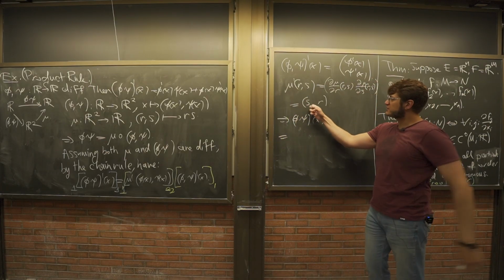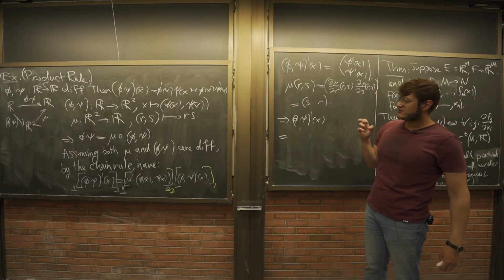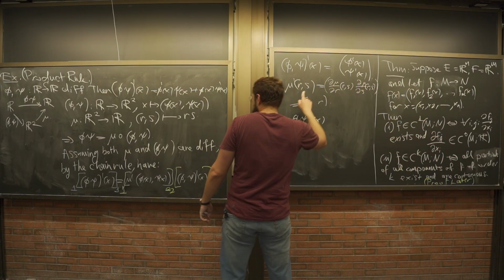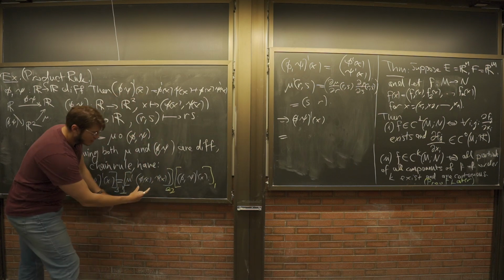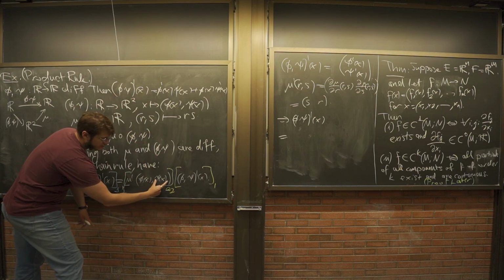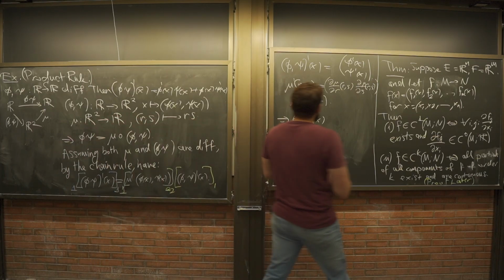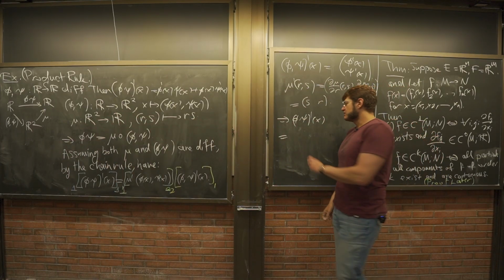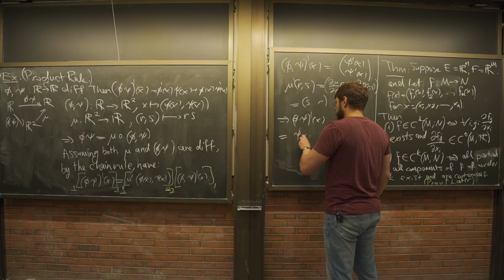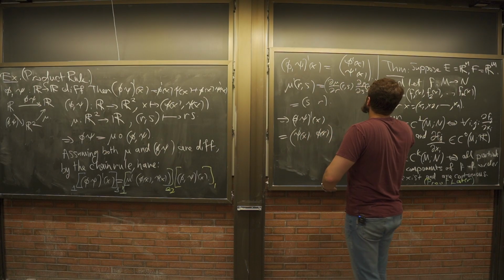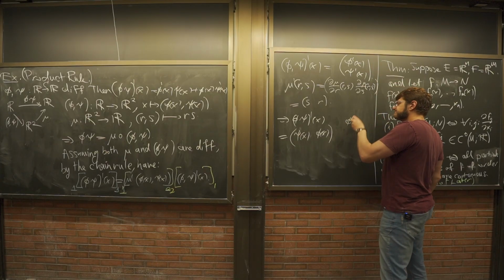So first I have this, but I need to plug in the appropriate entries. So this is a derivative at (r, s). To get this, r is phi of x, and s is psi of x. And so here, this is going to be psi, this is going to be phi. And up top, I have these.